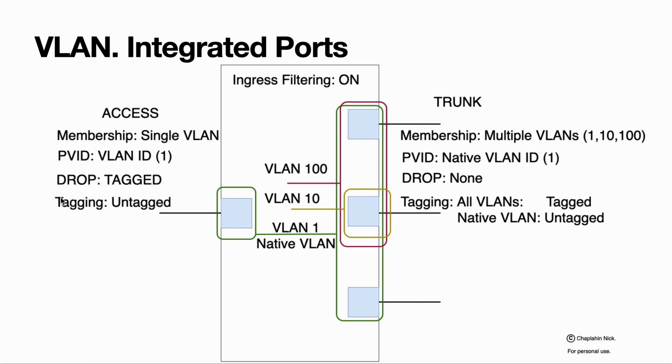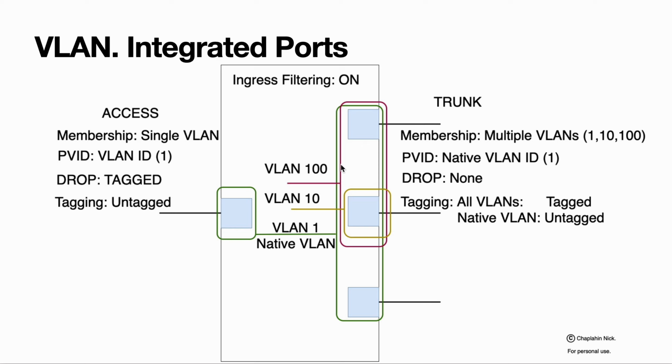Access is configured to operate with untagged frames, so it sends untagged frames because the tagging mode is untagged. It expects to receive untagged frames, will tag them by the respective VLAN, and will send them to the respective slice for processing.